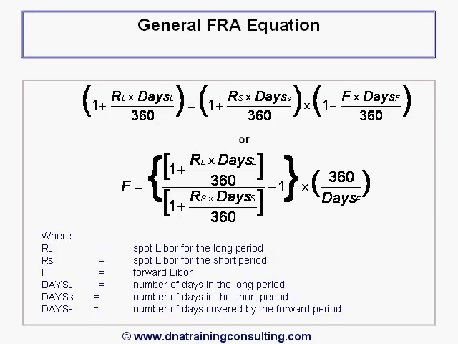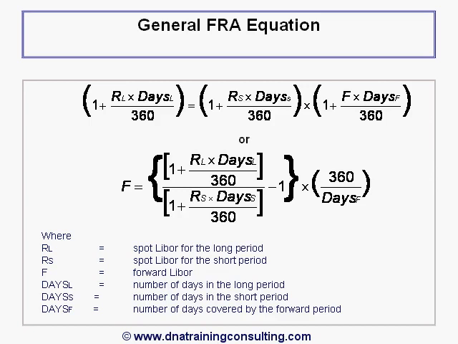And again, as a reminder, the variables appearing in the formula are as described at the bottom of the slide. We have in fact programmed the second formula on worksheet FRA and will be asking you to use it shortly.